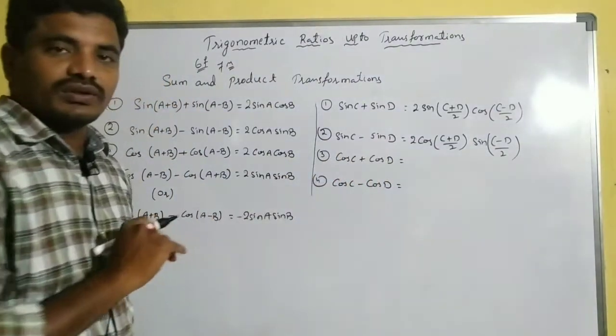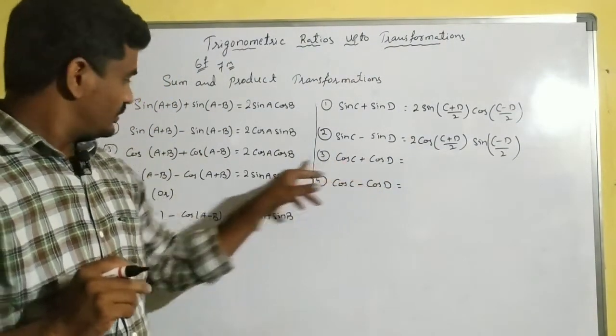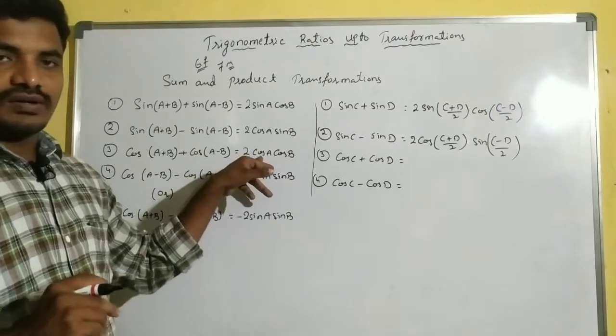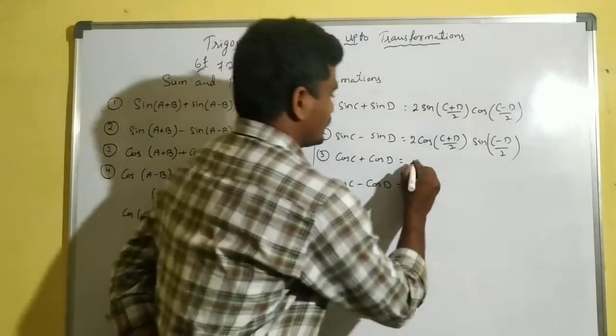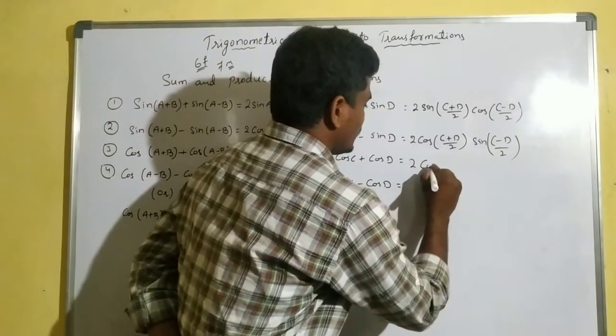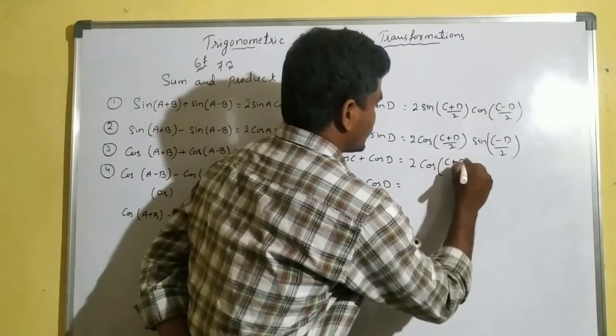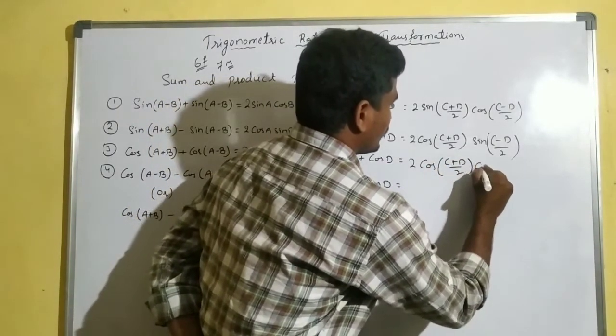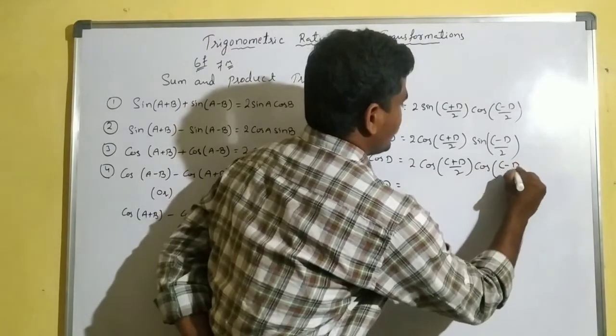Next, when you take both cos with a plus sign, you get 2 cos c plus d by 2 into cos c minus d by 2.